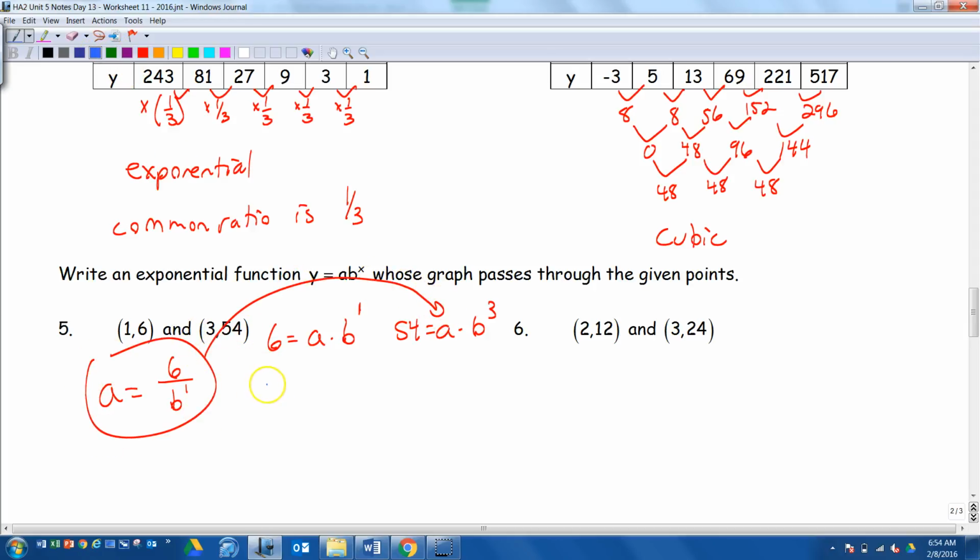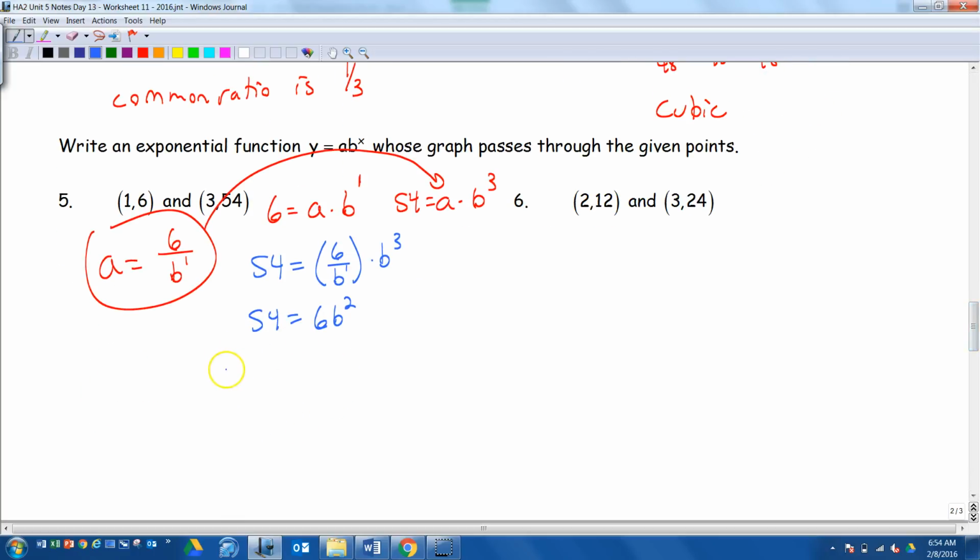So the second equation is 54 equals 6 over b to the first times b cubed. Well, b cubed divided by b to the first is b squared, so we get 54 equals 6b squared. And then you divide by 6 times 9 is 54. So you get b squared equals 9.